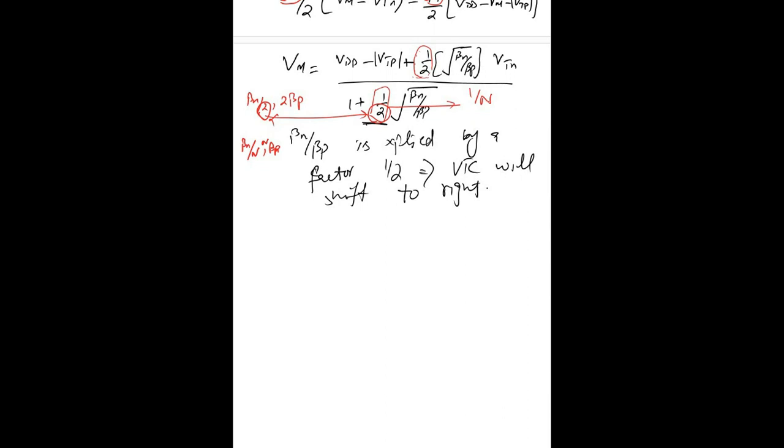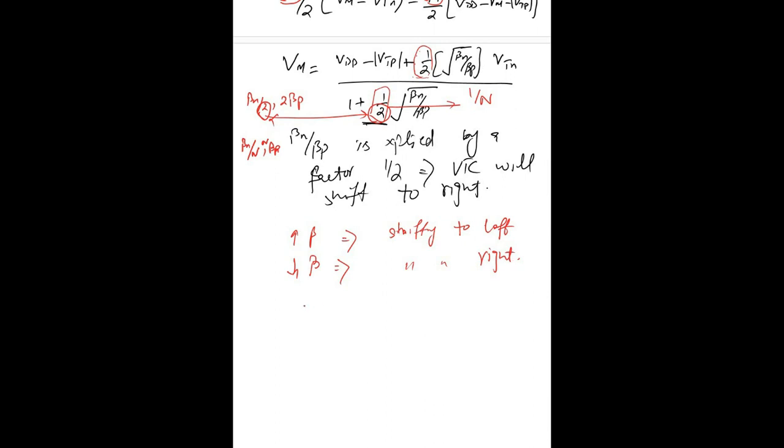If we increase beta, we are shifting to the left, and if we decrease this value, this implies shifting to the right.